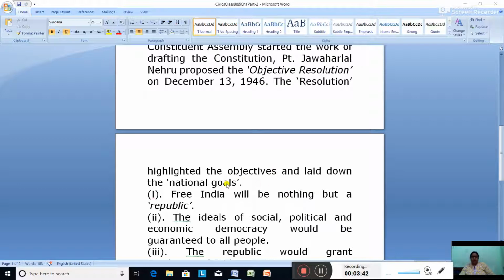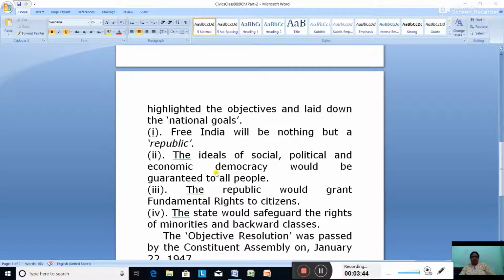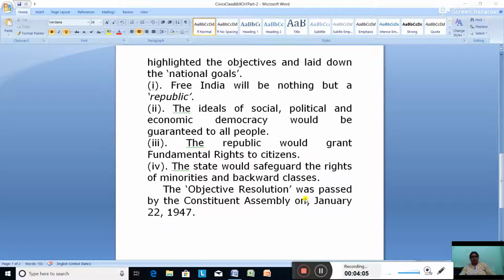So what were the objectives? Free India will be nothing but a republic. The ideals of social, political and economic democracy would be guaranteed to all the people. The republic would grant fundamental rights to citizens and the state would safeguard the rights of minorities and backward classes.